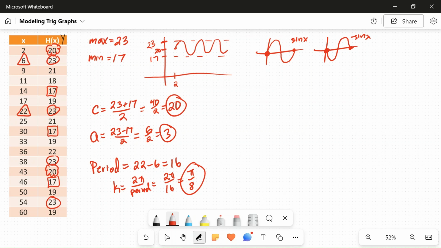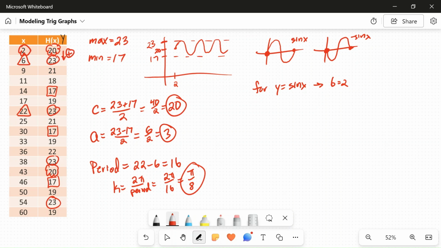So let's look for my midline, which is 20. Where do we hit 20? I usually like to find the first time it happens. Well, the nice thing with that is the first time it happens was the very first point. Okay, so if I want to do sine for y equals a positive sine x, I'm going to use b is equal to 2 because that's where it's at the midline. Okay. The other thing I have to look at is, is it increasing or decreasing? So from this 20 to the 23, that is actually an increase.